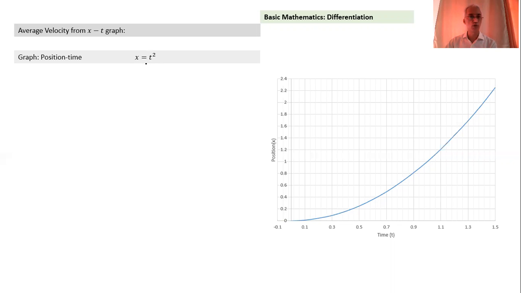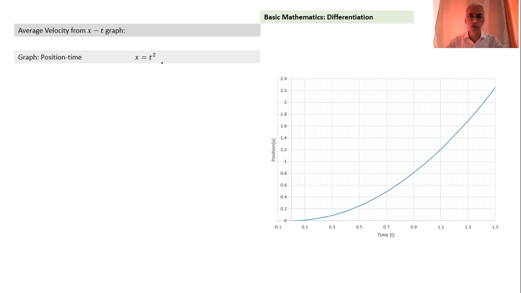At time t equal to 0, x will be 0. For time t equal to, say, 0.3 second, x will be 0.3 square, which is 0.09. And likewise, we can plot this graph. This plot is the position-time graph for position given by the relationship x is equal to t square.